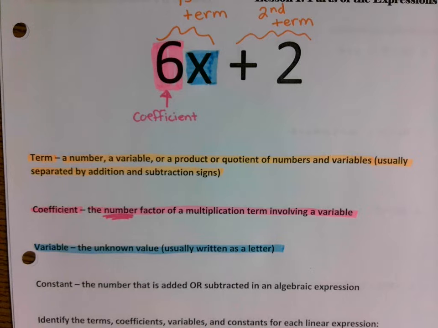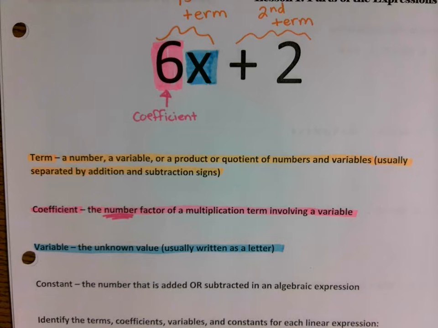So it could be X, it could be R, W. There are a couple of letters we don't tend to use, like O. Why do you think we don't use O? Zero. It looks like a 0. We don't tend to use the letter T. Why do you think? It looks like a plus sign. Okay, and now that we have the variable X, we don't tend to show multiplication anymore with the X sign.